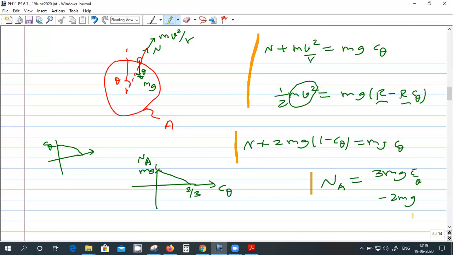So similarly for the B part, the sphere is inside. At angle theta, the normal reaction will be inwards. mg is downwards, and mv square by R is outwards. So again, you have to write the equation.